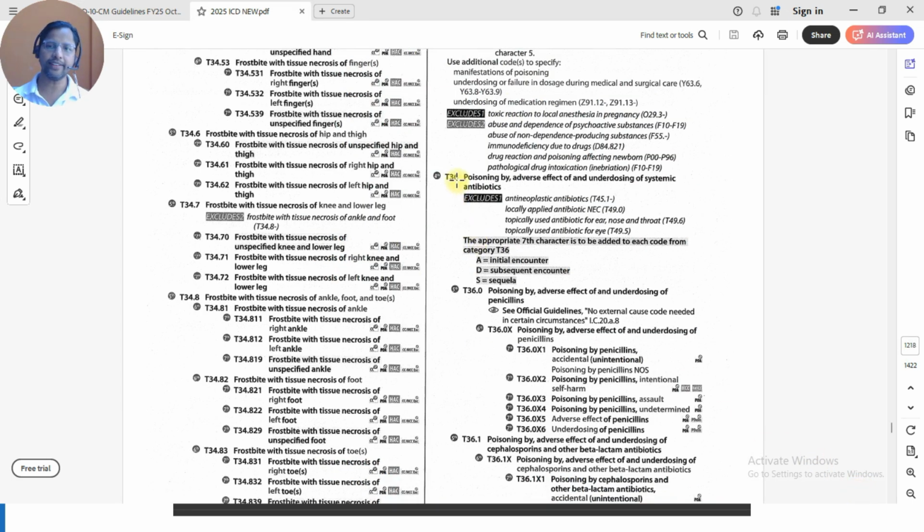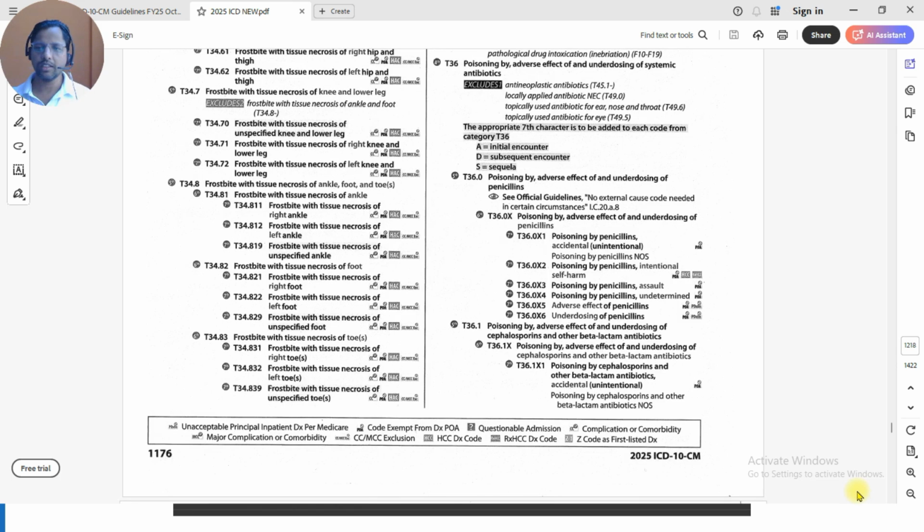If we check this series T36, T36 is the category. Under T36 we have only 3 characters. In order to complete a T36 category code, you need 7 characters.